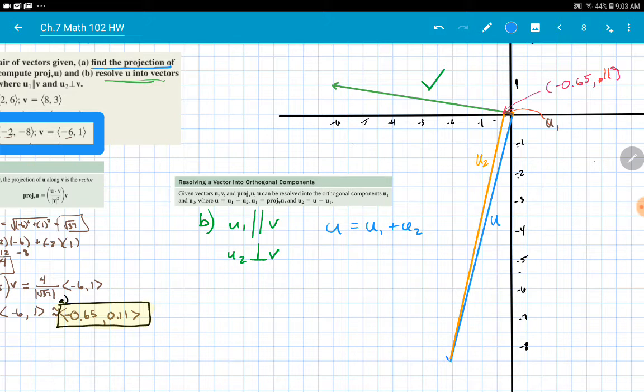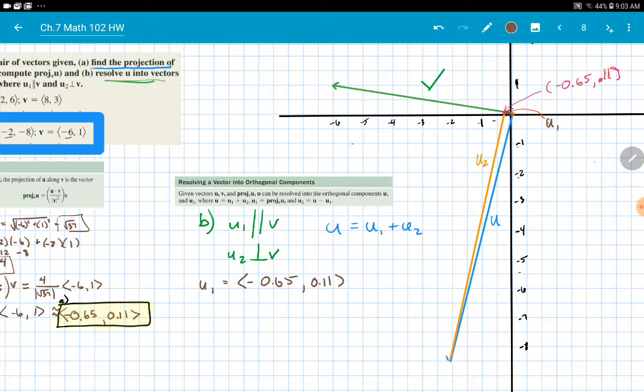And U1 is parallel to V, and U2 is perpendicular to V. So I already got that U1 part. So U1 is the negative 0.65 and 0.11 vector, that little brown one.